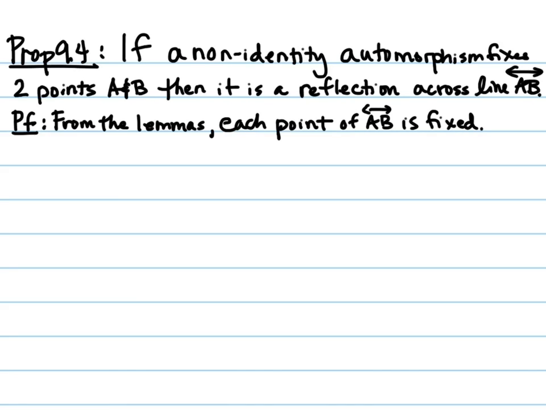It said if I have two fixed points, the whole line's fixed, okay? So we've got the whole line fixed, and no others. No other points fixed, because if there were, then we would have the identity. That was what lemma 9.2, I think it was called, said. Okay, so we've got all the points along AB are fixed and none of the other points are.